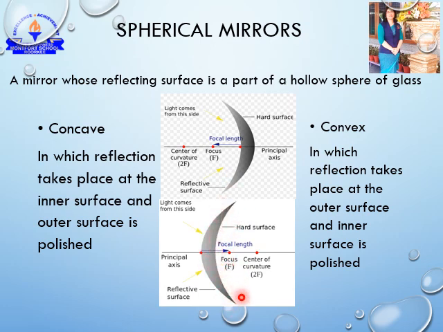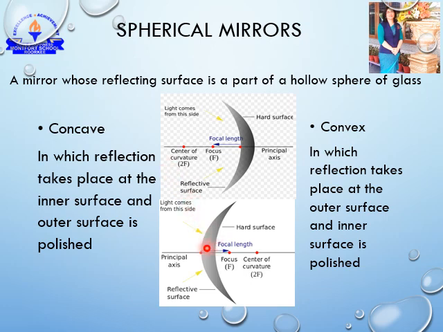Now paint the inner side of that glass, polish it. Now, if we polish the inner surface, the outer surface becomes the reflecting surface. Now, when the rays of light fall on it, they will bounce back.